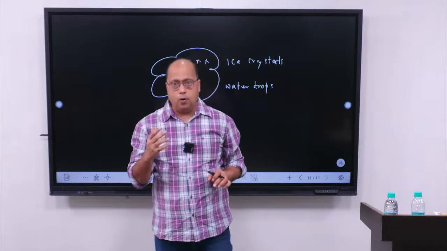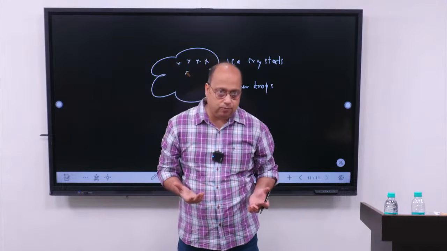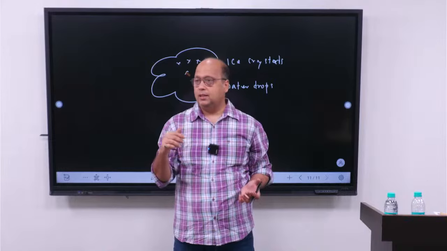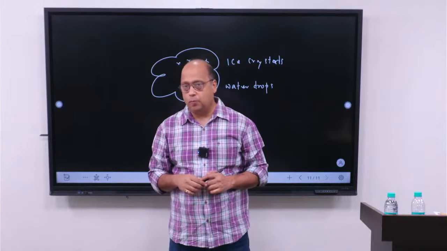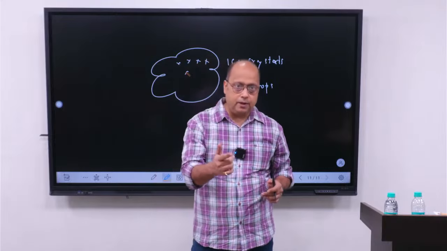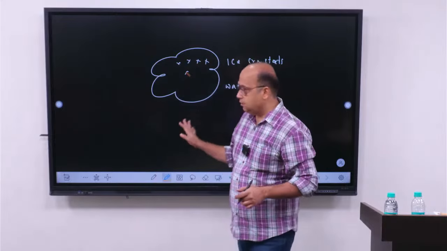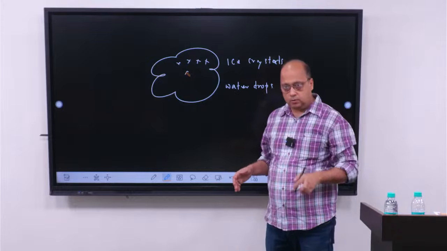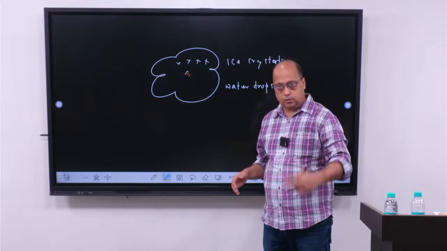The cloud having a dominance of ice crystals, what type will it appear, dark or bright? Bright. And having more of the water drops, they will appear dark. That is why we have two types of cloud: ice loaded, water drops loaded.